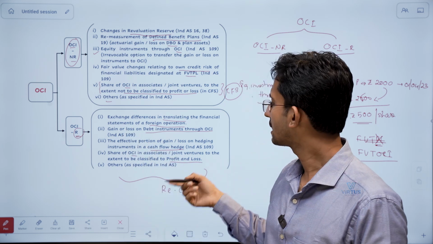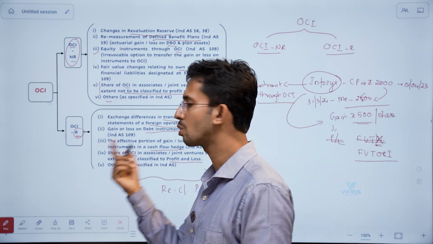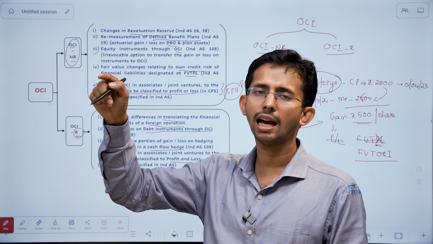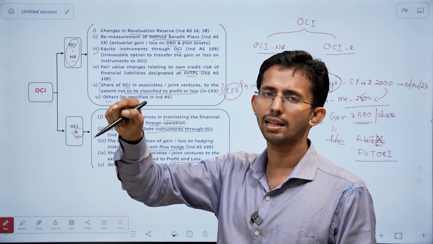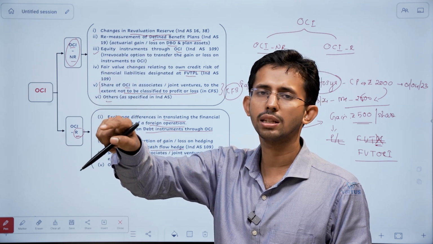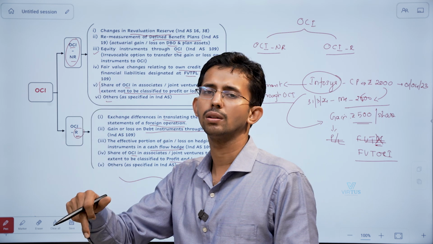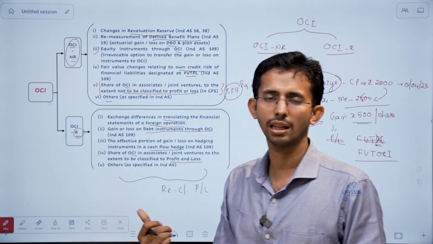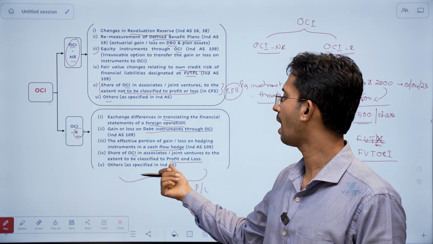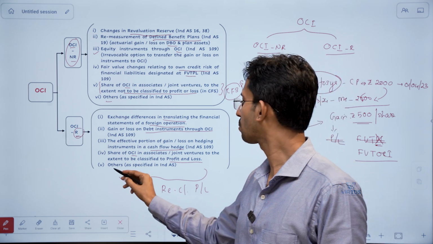Similarly, if that OCI is classified as OCI-R in the associate or joint venture, then when you consolidate it in your balance sheet or CFS, it has to be shown as OCI-R itself. Then the next one, others.